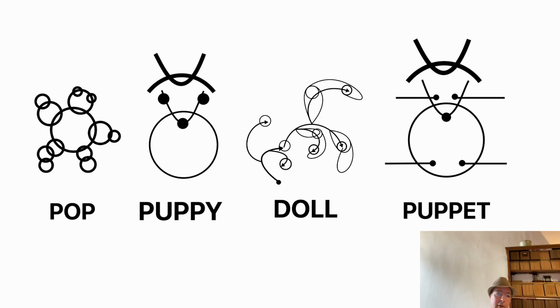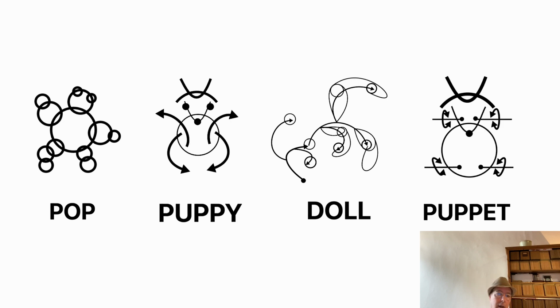So again, what do you have? Pop, puppy, doll, puppet. And if I increase the movements, I will have it like this: pop, puppy, doll, puppet. So the regions with the movable parts, with the P, especially, it's not always movable parts, it's parts that separate themselves.